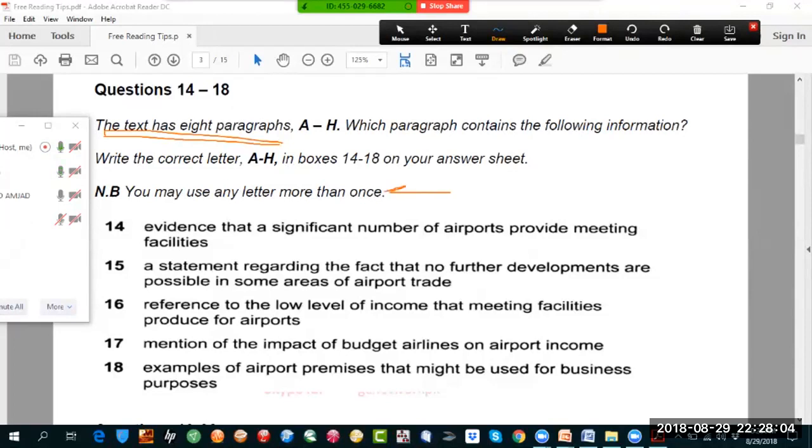I'll talk about this in a while. But there are 8 paragraphs, A to H, and they have given us these 5 pieces of information: 14, 15, 16, 17, and 18. And we have to match which paragraph contains this information.